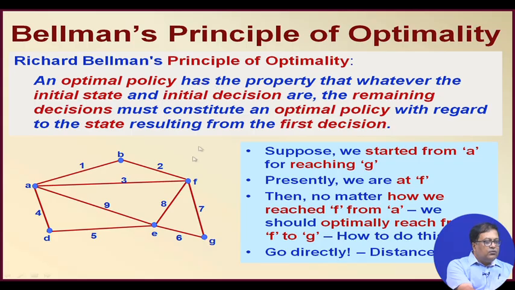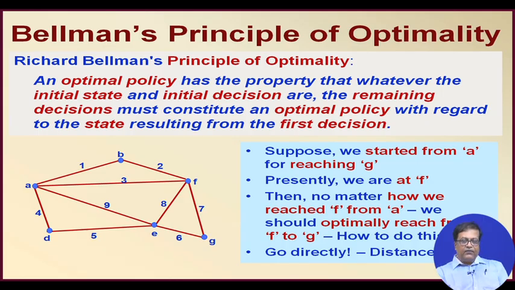Supposing we have this network, and in this network we need to find the shortest path from A to G. We start at A and we move to G. These are different costs or distances on different paths. The question is how do you find the path from A to G? You can divide it into different subproblems. Let us say that we have already reached F. The question is how did we reach F? Let us not question that at this point of time.